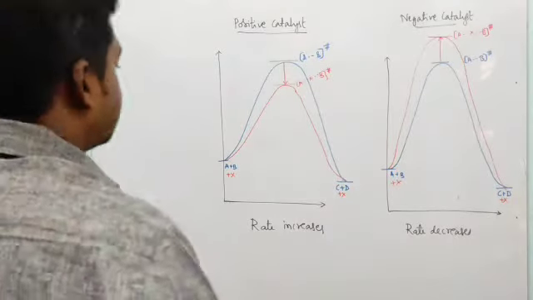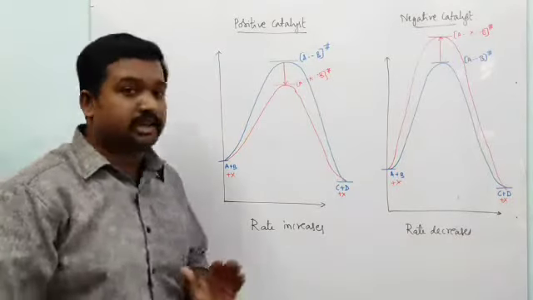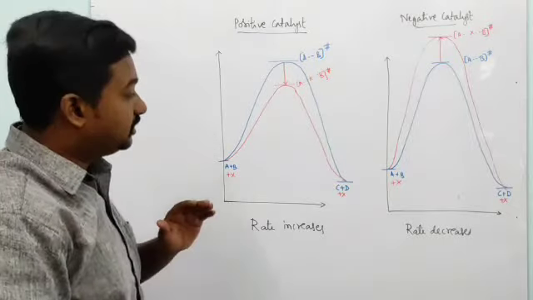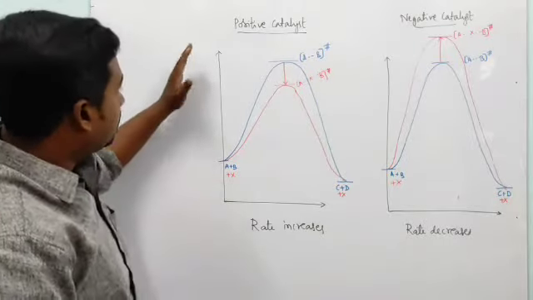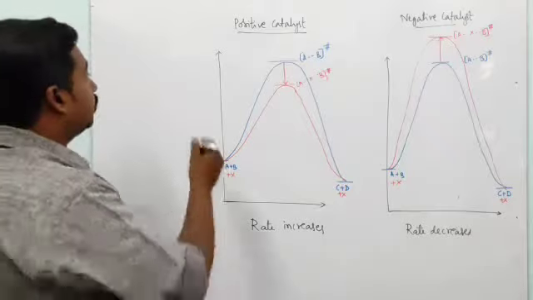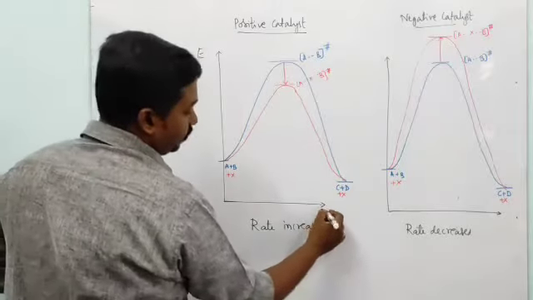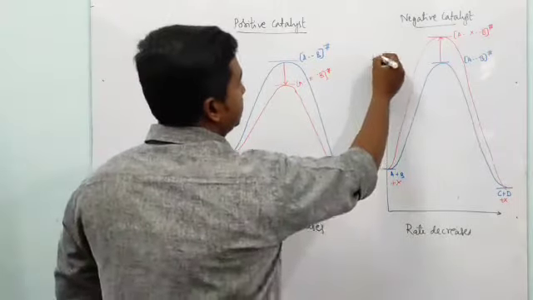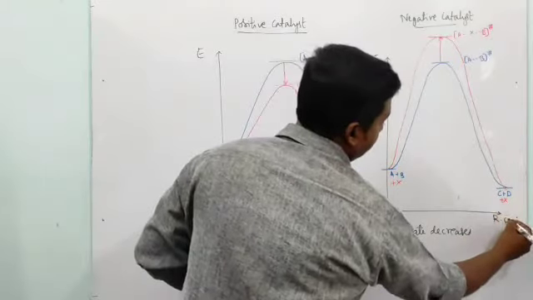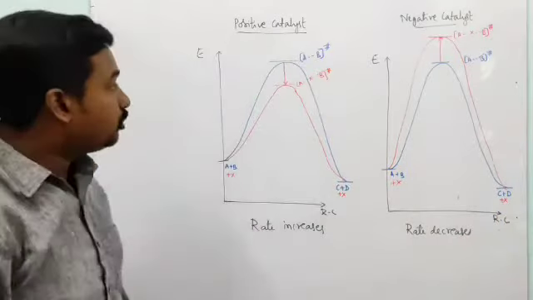Now these two graphs explain the effect of positive and negative catalysts exactly. So I have the energy axis along y again and reaction coordinates on the x-axis. Same in the other graph, energy versus reaction coordinate.